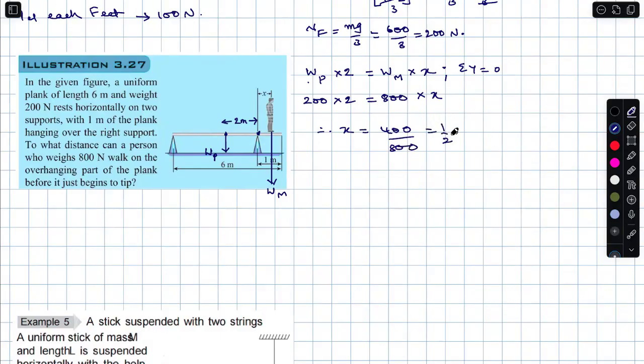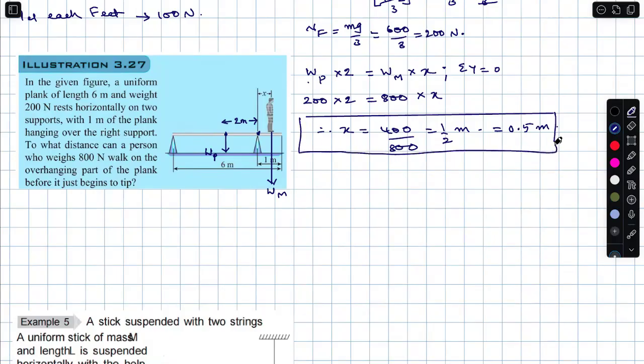It is half a meter, which is equal to 0.5 meter. Here, the X term is 0.5 meter. If he crosses 0.5 meter mark, the torque of man dominates and the system will collapse. The contact here will be lost.